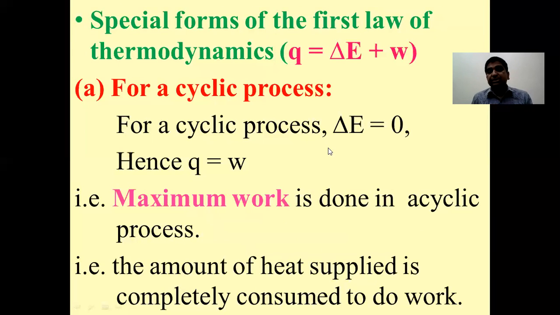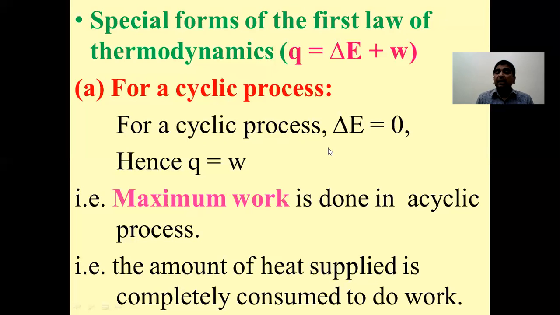Now, up till now we have seen what is the first law of thermodynamics. That is, it is related with the conversion of one form of energy into another form. It can be stated in different ways. That is, total amount of energy of system and its surrounding remains the same. For a closed system, the total net energy change is equal to amount of heat supplied minus work done by the system.